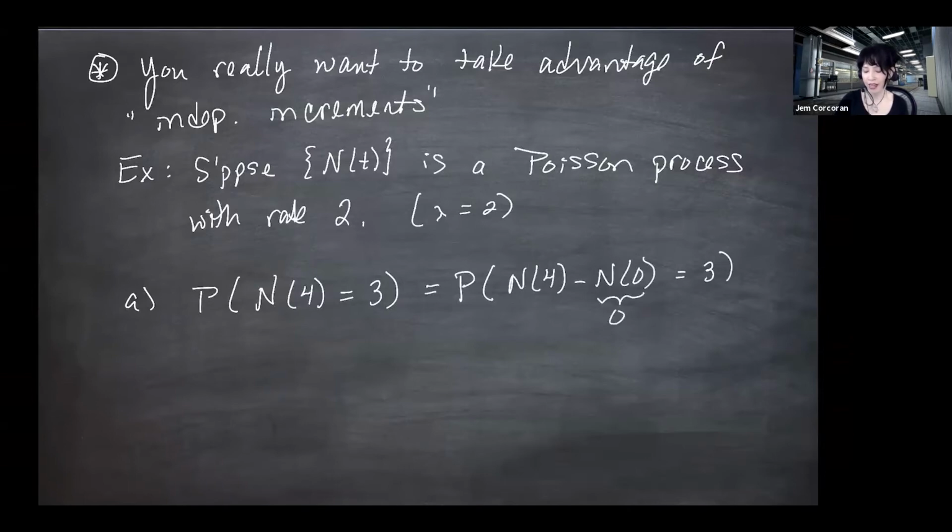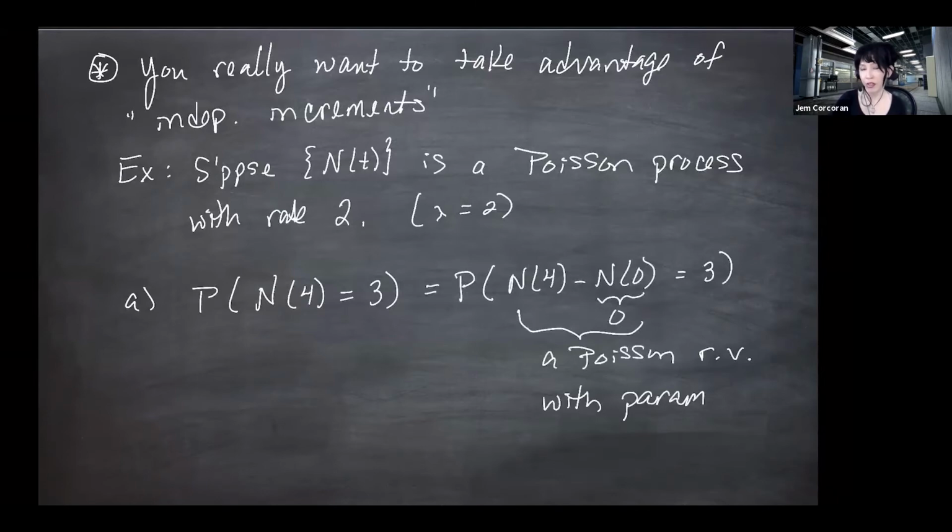And now it's really easy to match up with our definition of the Poisson process. This is a Poisson random variable, not a process, just a random variable with parameter equal to lambda times the length of the time interval, which is t here. So we're just going to use the Poisson PDF with a lambda t in place of lambda and plug in 3.